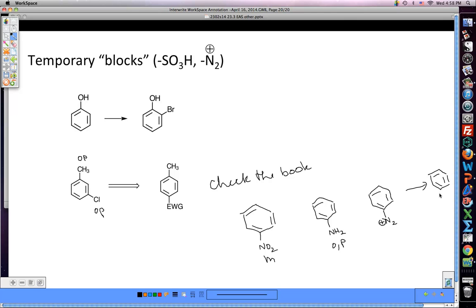So this really is a pain in the butt. My goodness, how many extra steps do we have here? But if that's what you have to do, shoot, that's what you have to do.